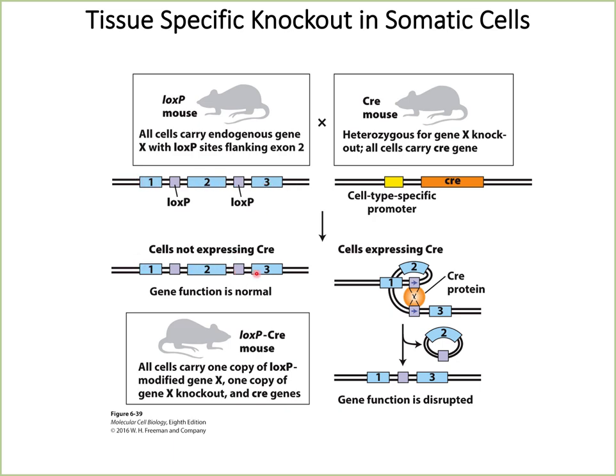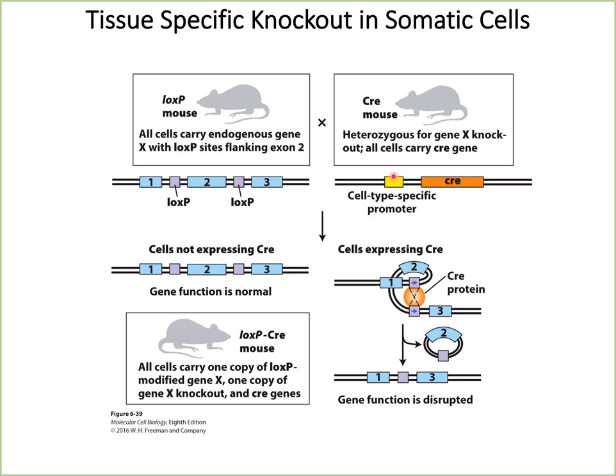Here, this cell is not expressing the CRE, so you do not have that. You have another mouse which is heterozygous for the gene X knockout, and all cells carry the CRE gene. Right here you have a cell-type-specific promoter, and downstream of that you have the CRE sequence.